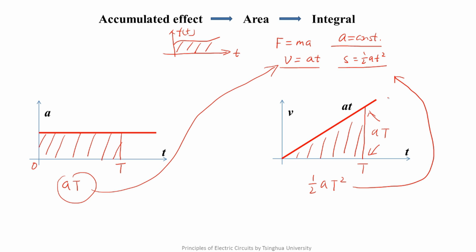What can we get from the two graphs? The accumulated effect of the acceleration a is the speed v, and the accumulated effect of the speed v is the displacement s. The mathematical expression is: the integral of the acceleration is the speed, and the integral of the speed is the displacement.